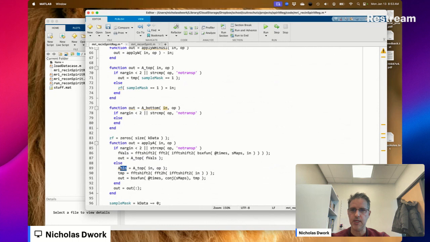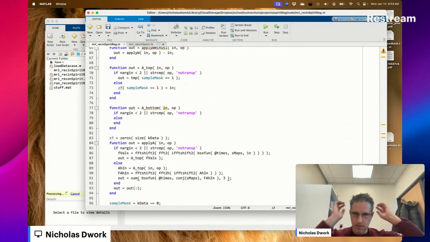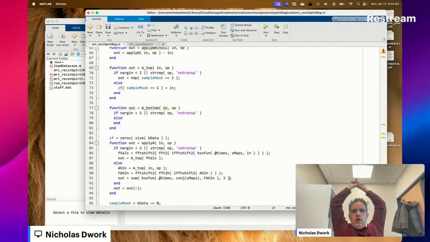So this is saying the adjoint of A times in. This is going to be F times the adjoint of H times in, F being the Fourier transform. And here I forgot to do the sum operation, so the sum is going to be in the third dimension. Okay, great. Here we got A top.